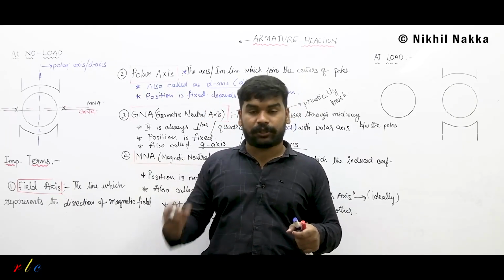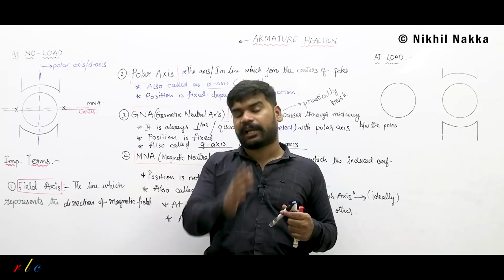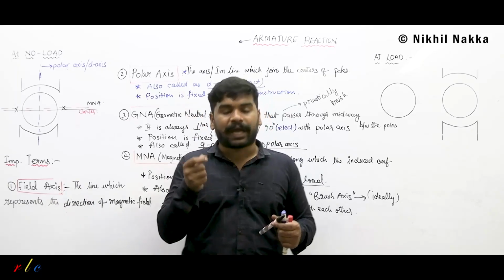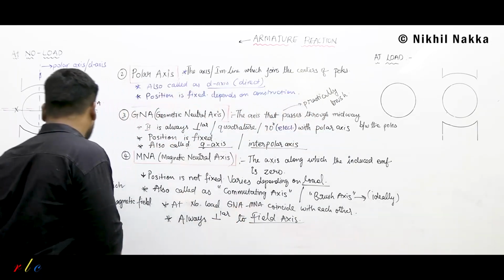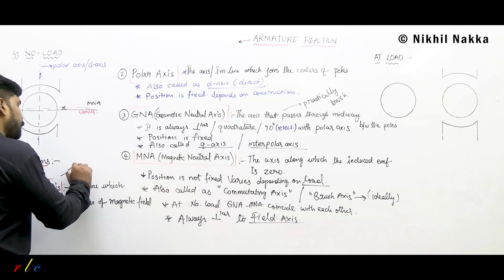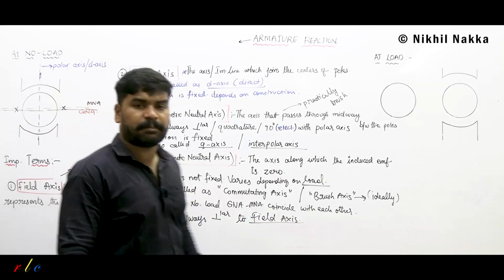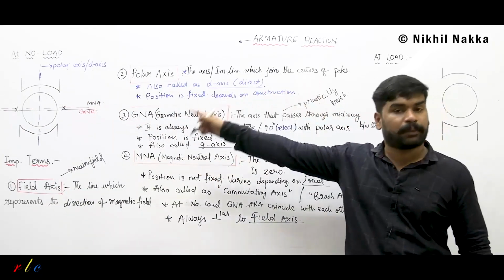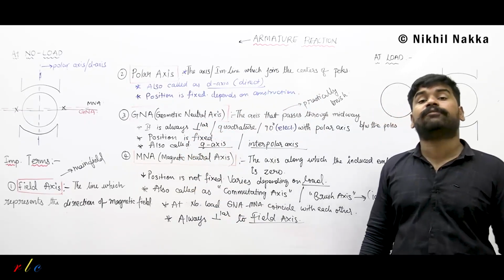I told you that due to armature reaction, one effect was the cross magnetizing effect. In cross magnetization, you are changing the distribution or the shape of the magnetic flux. You are changing the main flux, the main field present in the system due to which the EMFs are induced. So this field axis represents the axis of the main field, and due to the cross magnetizing effect, it will change.